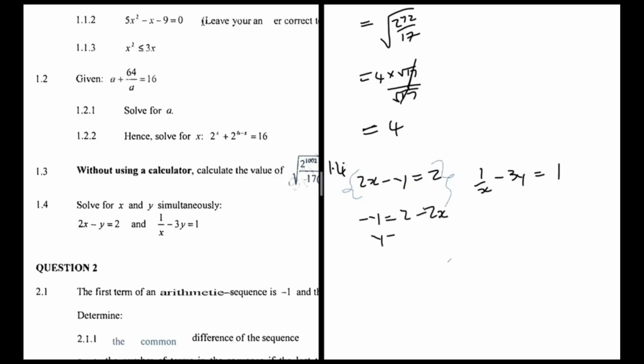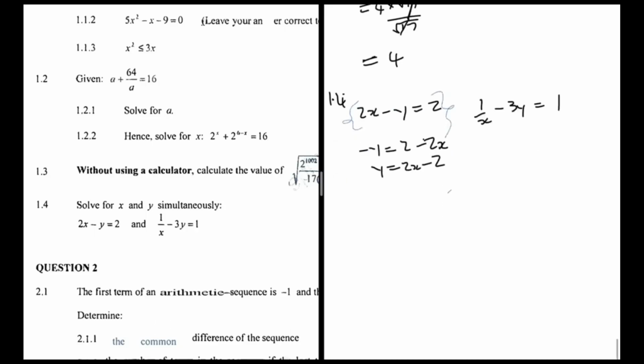So we're gonna have y equals to 2x minus 2, and then we can then sub in 2x minus 2 on this equation. It's not an expression, it's an equation.